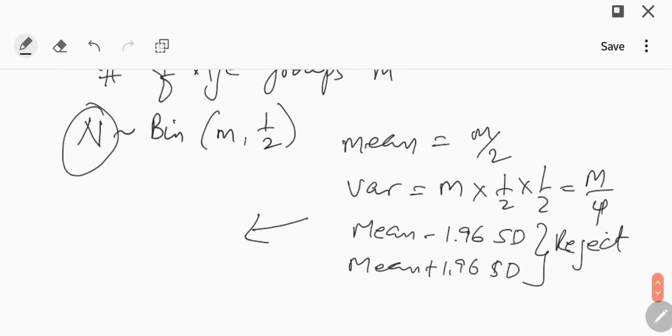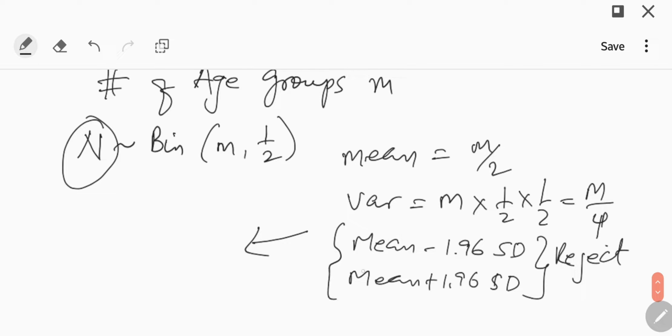But if my n is ranging within, then I cannot comment on the over or undergraduation. So this becomes a two-tailed test because I'm checking for the deviations for the sign, for the lower side and the higher side.